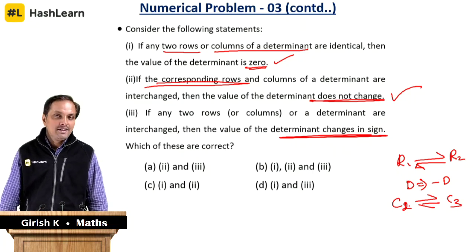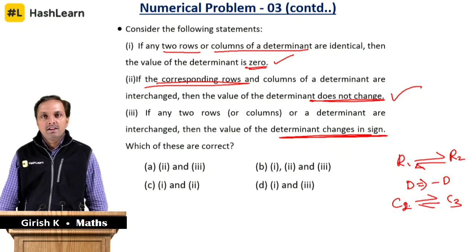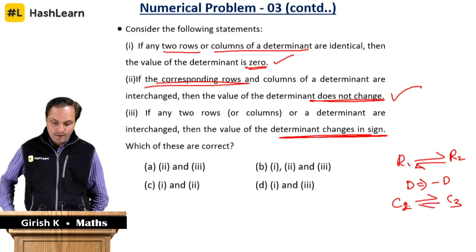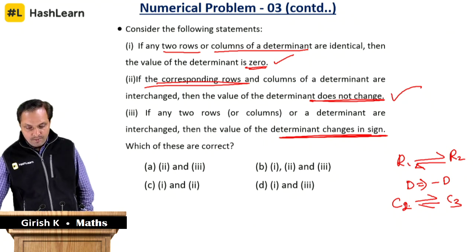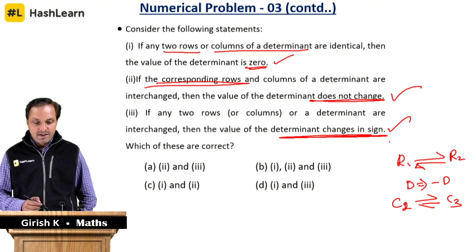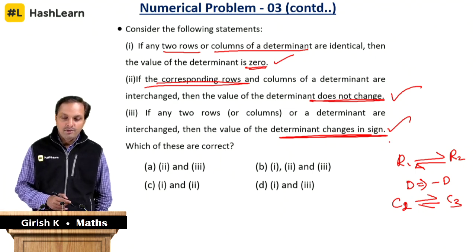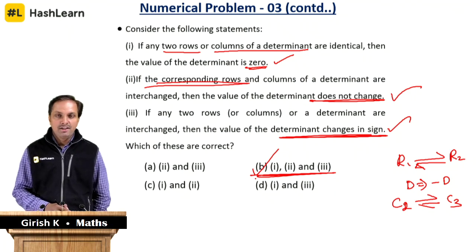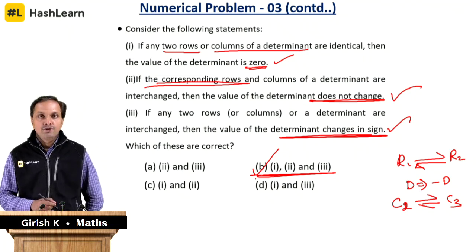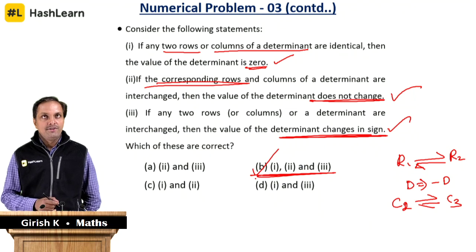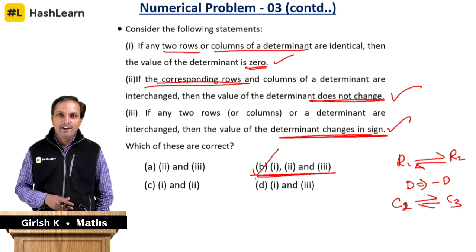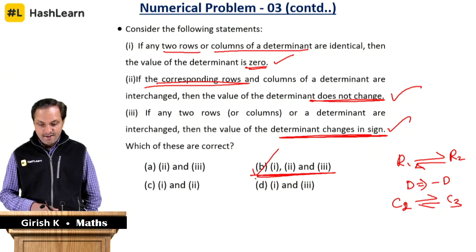Suppose the value is 5, the determinant will become minus 5 when you interchange two rows or two columns. So all the given three statements, 1, 2, 3, are absolutely right. There is an option B where all the three cases are mentioned, so you should mark option B. Is that okay? Fine then.